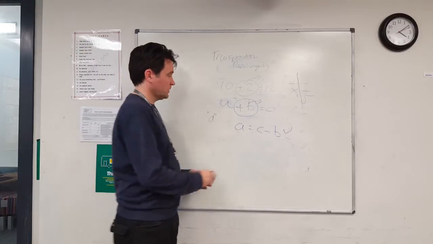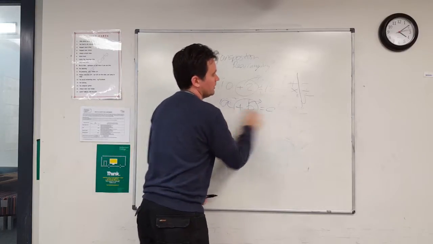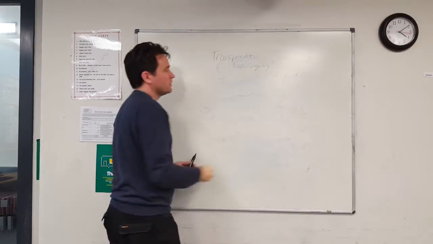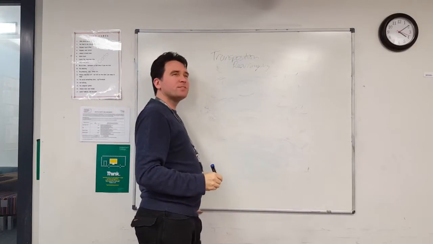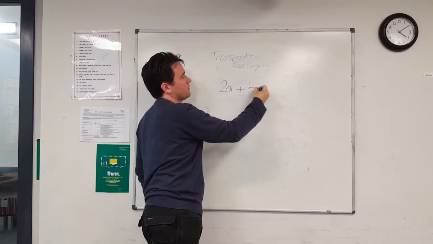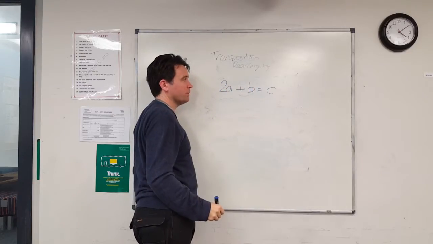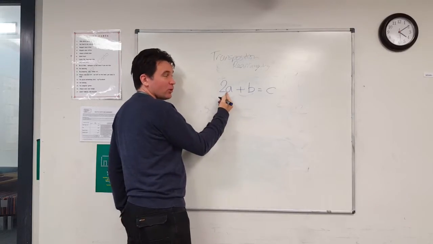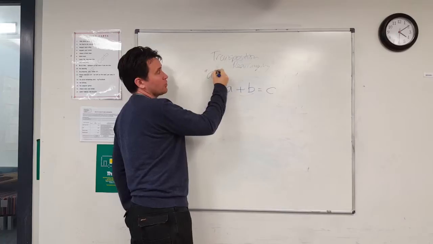Alright, fair enough. Let's have a look at something more complex then. Let's say you've got 2A plus B equals C. Now, we want to get A on its own, so again we'll make A the subject.